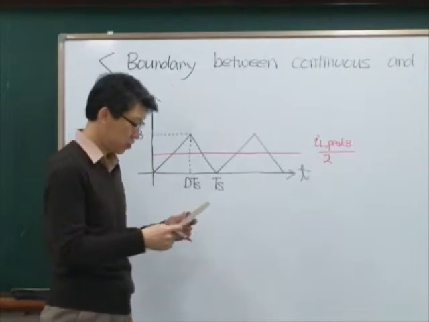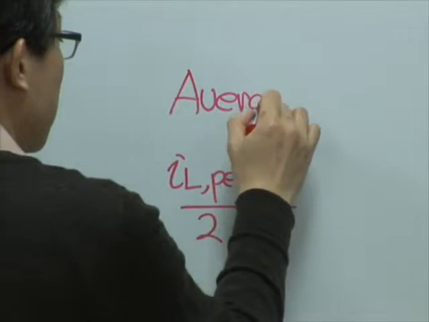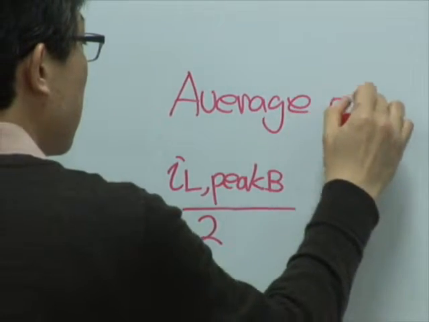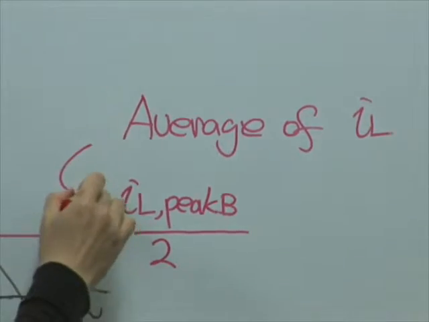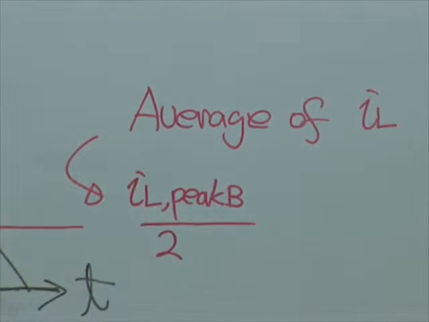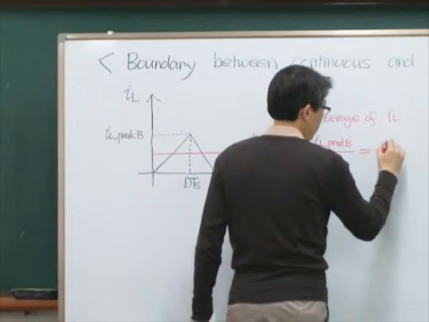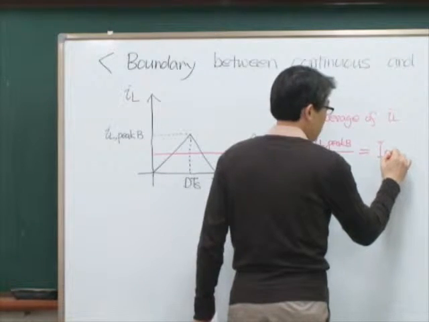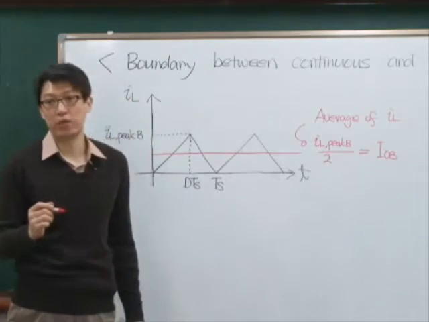Half of the peak value. This is the average. And everybody knows that this average inductor current is now equal to the output current at the boundary, output current.